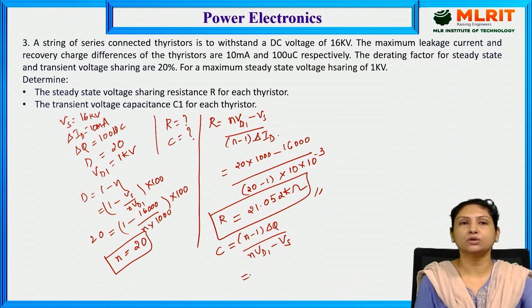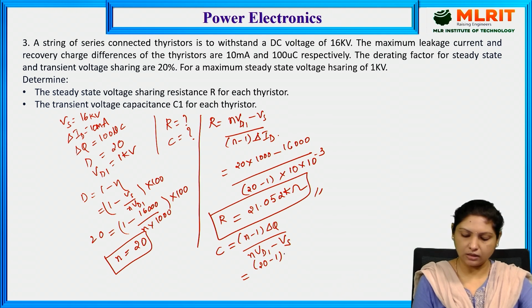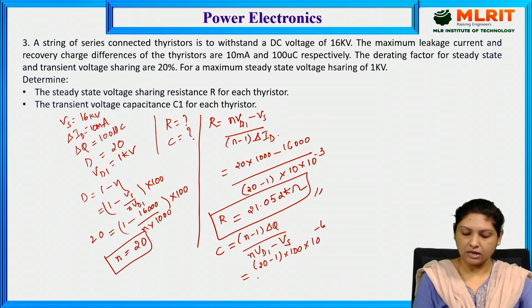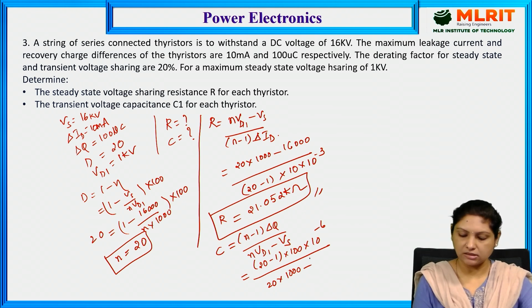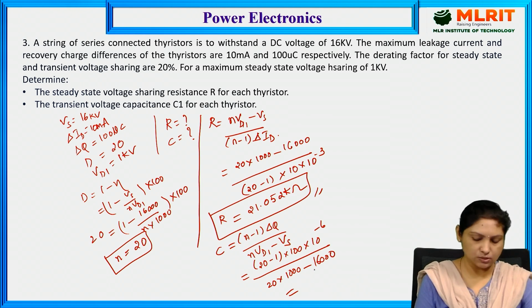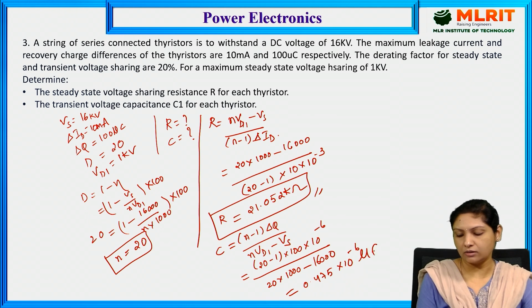Let me substitute the values: 20 minus 1 into delta Q, given as 100 microcoulombs, into 10 to the power of minus 6, divided by N, which is 20, and VD1 is 1000 volts minus Vs, given as 16,000 volts. If you resolve this, we get 0.475 into 10 to the power of minus 6 microfarad.